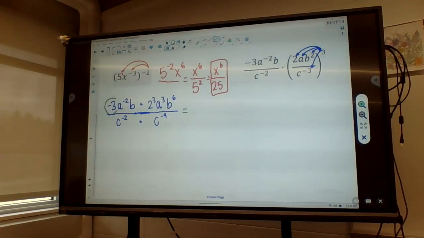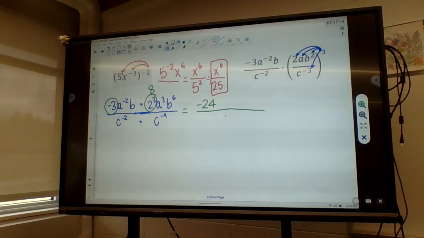We treat those like normal numbers. So the big numbers in the front, we're just going to put those together. But this is a negative 3 times 2 to the third. Well, 2 to the third is 2 times 2 times 2, which is 8. So negative 3 times 8 is a negative 24. So I'm choosing just to get those coefficients out of the way.